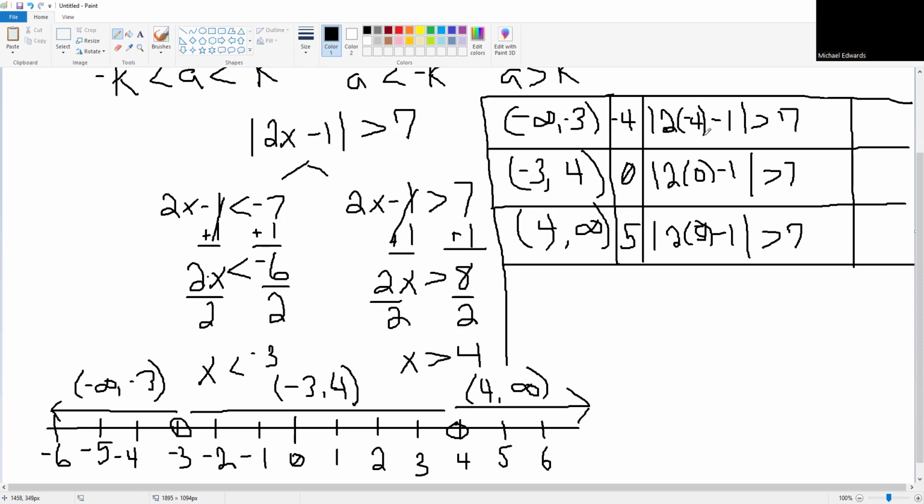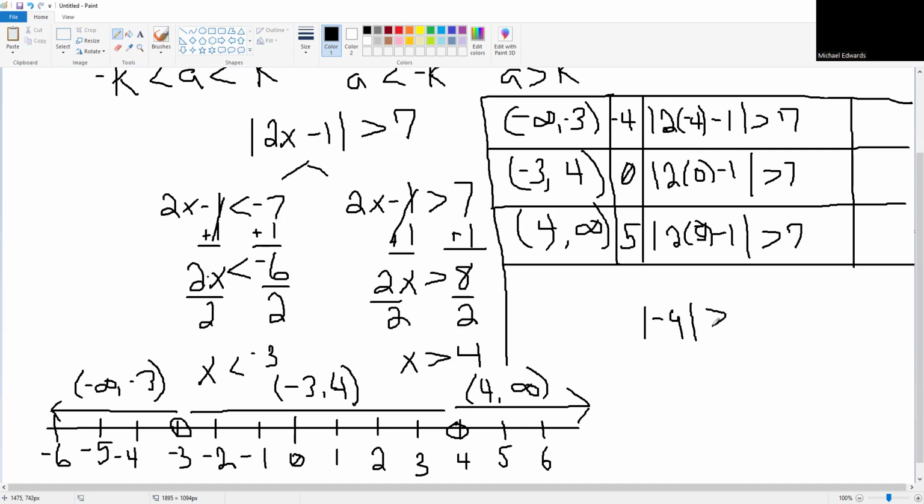But we're missing something. You would agree that -9 is not greater than 7, but let's look at this even deeper. 2 times -4 is -8, minus 1 is -9, right?